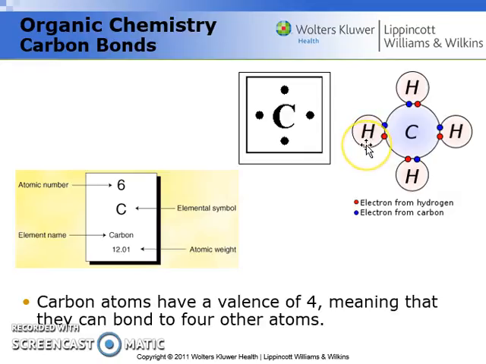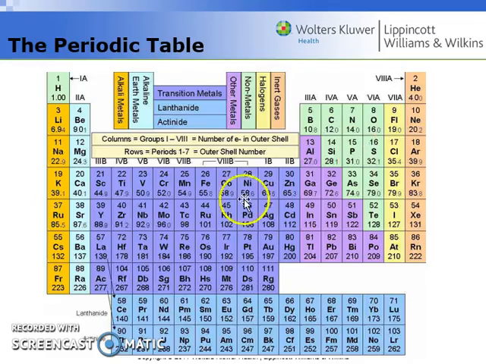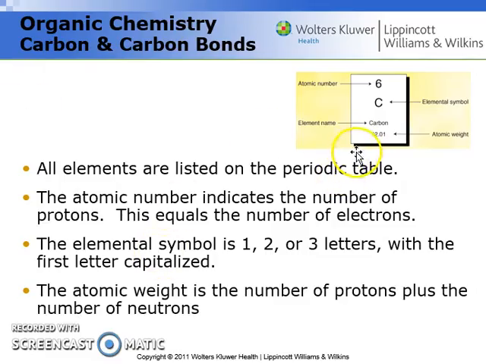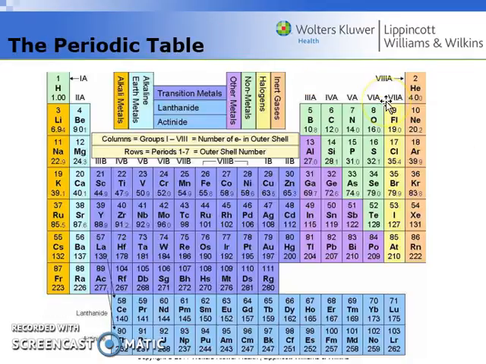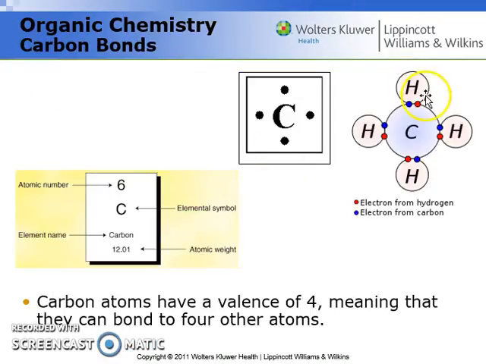The most common one that carbon is attracted to is going to be the hydrogen atom. So if we go back to our periodic table, you'll see the hydrogen atom has an atomic number of 1. With the atomic number being 1, essentially that means you're going to have 1 electron that you can pair with another chemical element.